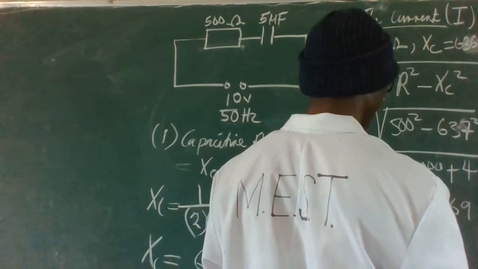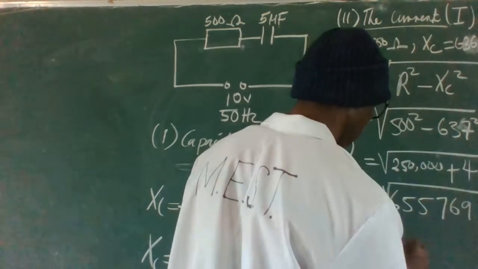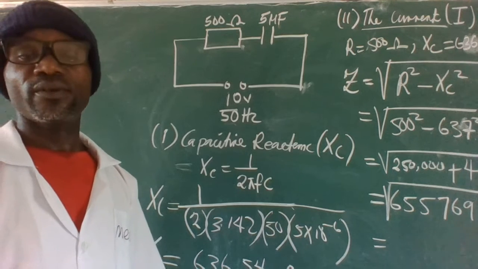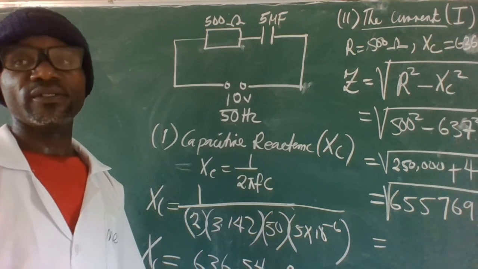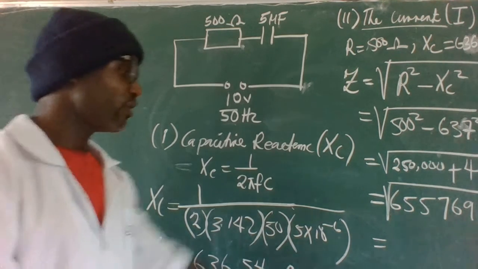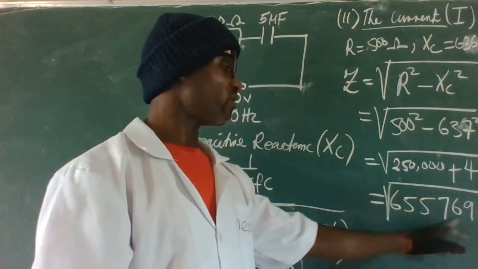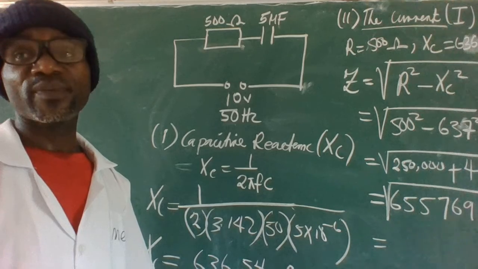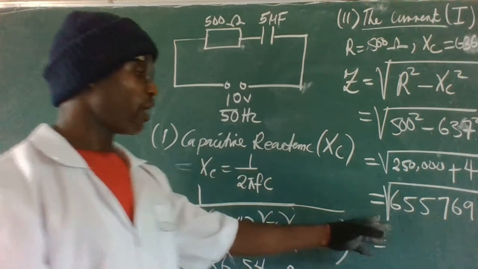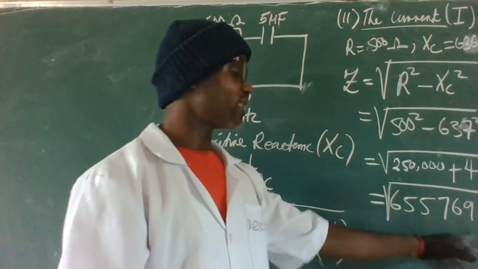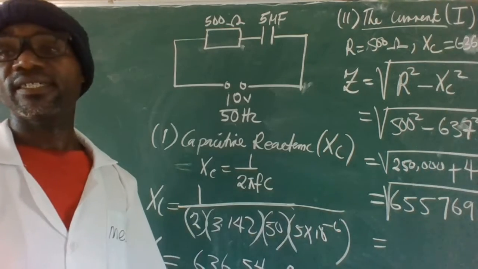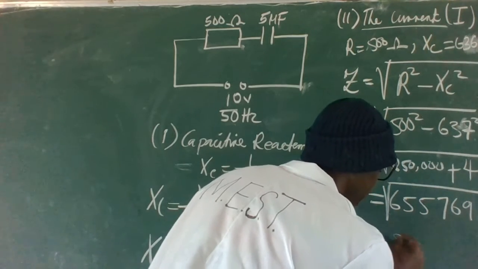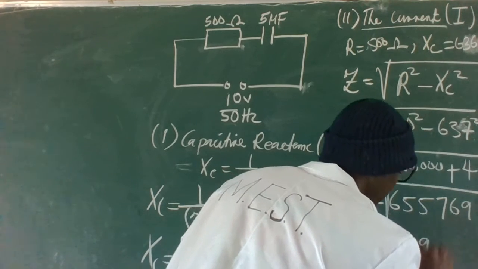All right, so let's quickly find the square root of 655,769. What do we have? 809.